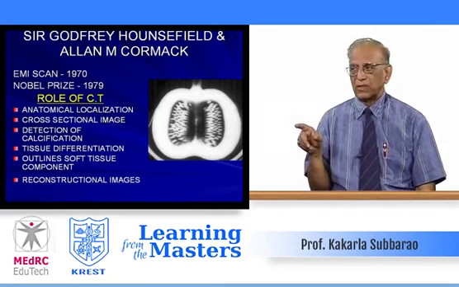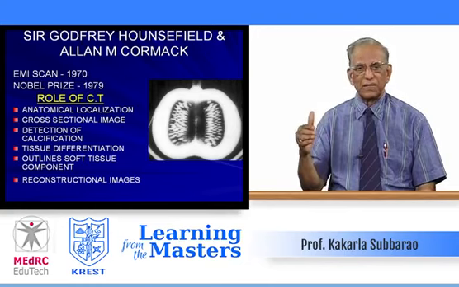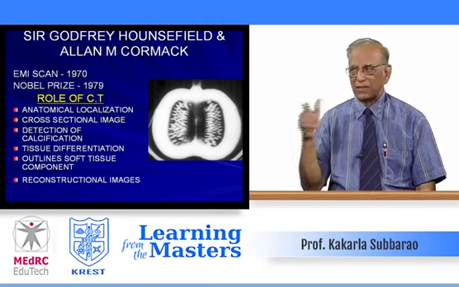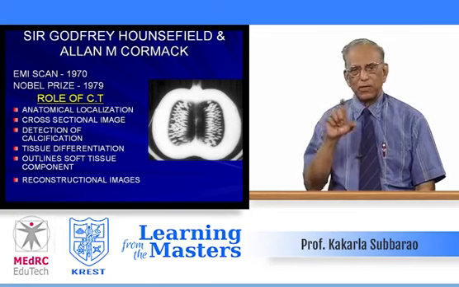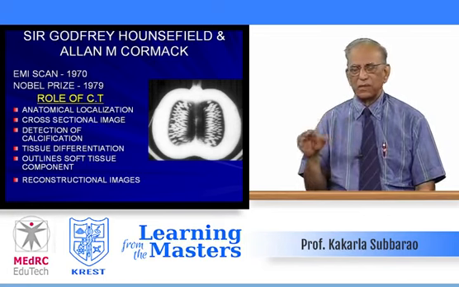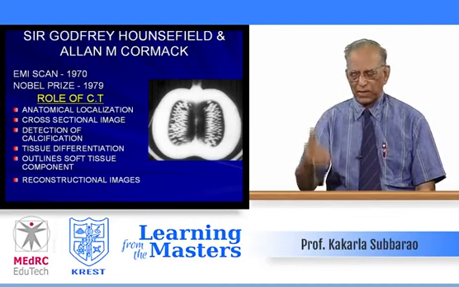For anatomical localization, cross-sectional image, as we said already, detection of calcification, tissue differentiation. Is it fat? Is it muscle? Is it tendon? Is it bone? That tissue differentiation can be done by CT. Outline soft tissue component, reconstructional images. You can reconstruct various planes: cross-sectional, coronal, sagittal, etc.